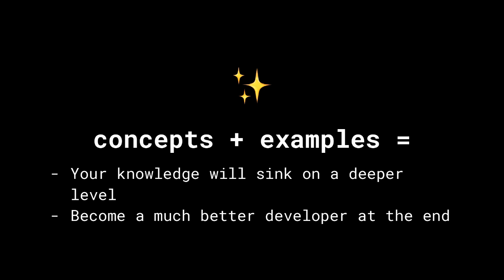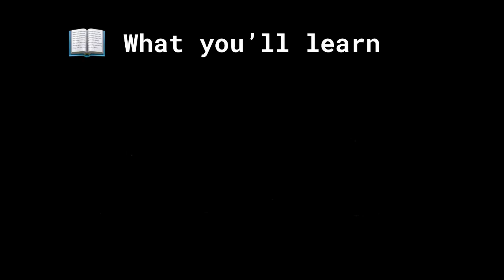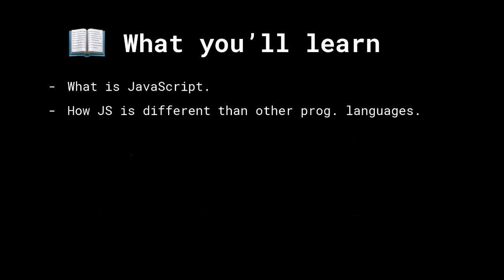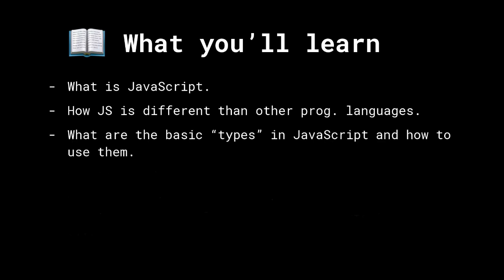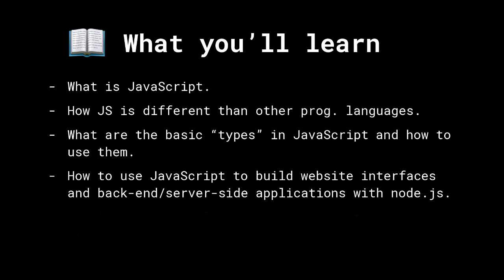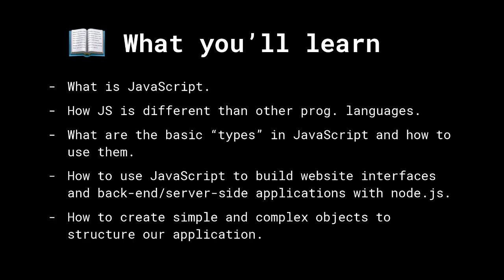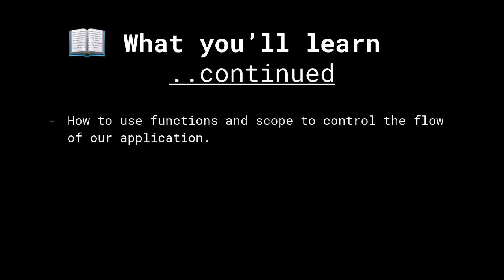In this course, you will learn what is JavaScript and how it's different than other programming languages, what are the basic types in JavaScript and how to use them, how to use JavaScript to build website interfaces and backend server-side applications with Node.js, how to create simple and complex objects to structure your application, how to use functions and scope to control the flow of your application.